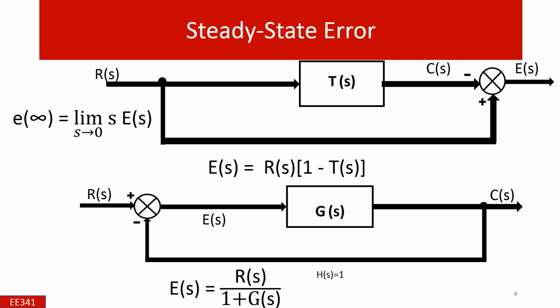Steady state error: if the closed loop transfer function T(s) is given, with the input R(s) and its response C(s), then E(s) represents the difference between the input and output, and this is defined through this relation.